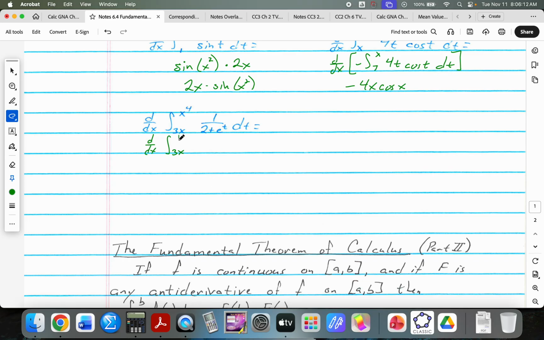All right, 1. 1 over 2 plus e to the t dt plus the derivative with respect to x of the integral from 1 to x to the 4th of 1 over 2 plus e to the t dt. That makes sense? That's again one of those properties of a definite integral.